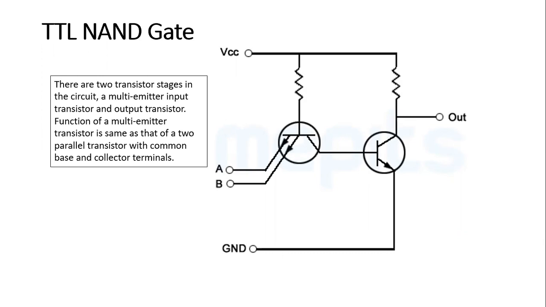Here there are 2 transistor stages: a multi-emitter input transistor and an output transistor. The function of this multi-emitter transistor is the same: parallel transistors with a common base and collector terminal. A few things you need to remember: your transistor will be on only when you get a base voltage. That is a very important condition. Without that, your transistor will not turn on.